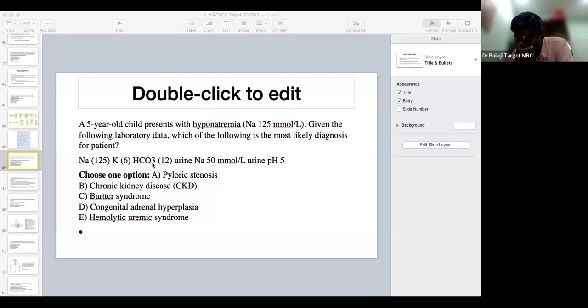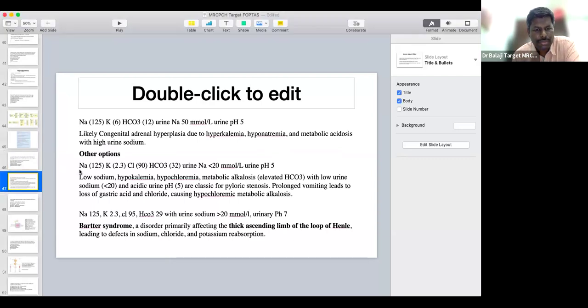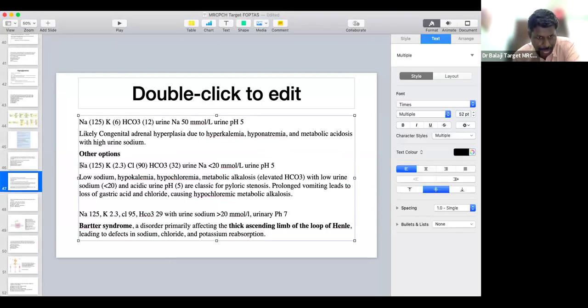It is only in one condition, that is mineralocorticoid and glucocorticoid deficiency. So congenital adrenal hyperplasia is the most important differential diagnosis here. Okay, so like this, I will give you one more look into this in the second part.